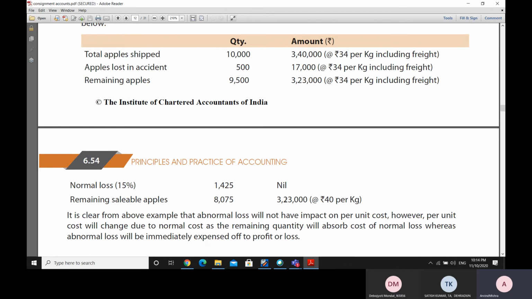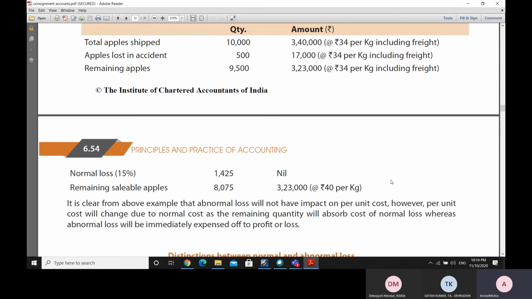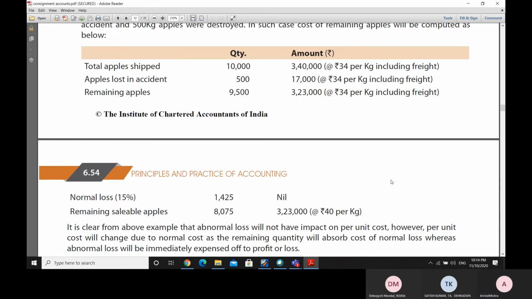3,23,000 is the cost of those apples. And when we divide 3,23,000 by 8,075, we get a figure of 40 rupees per kg. So what we are doing is that this is the cost.